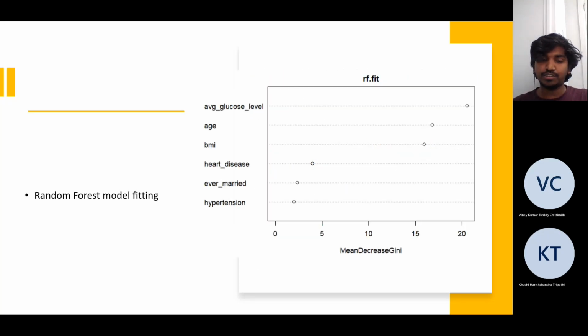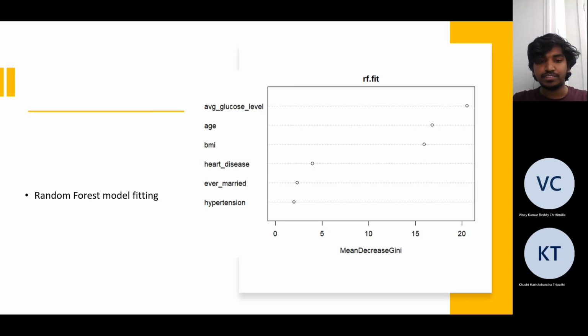The next model that we have used is a random forest model. Random forest is basically training a group of many decision tree classifiers, each on a different random set of the data, to make a prediction. We obtain the predictions of all individual trees, then predict the class that gets the most votes.